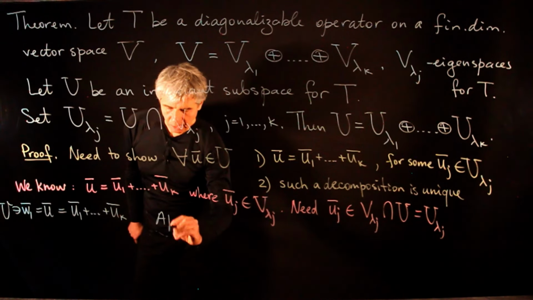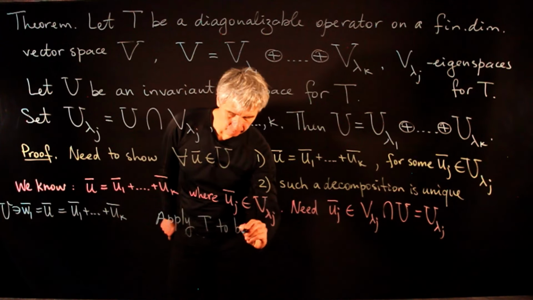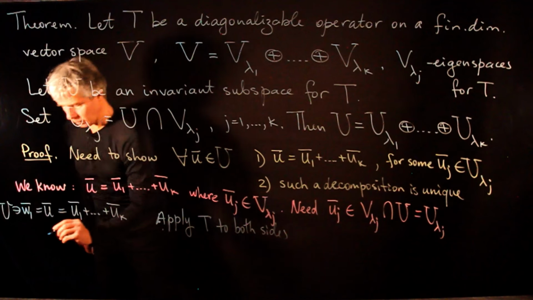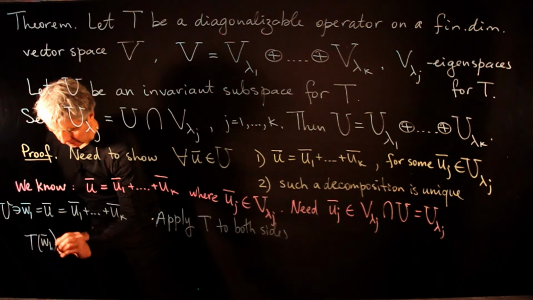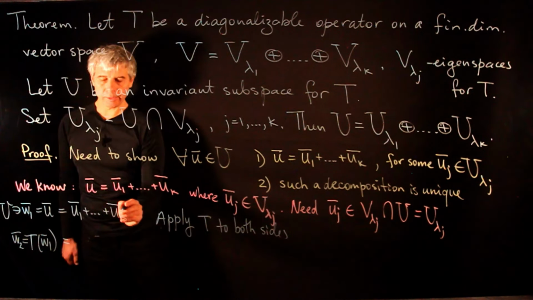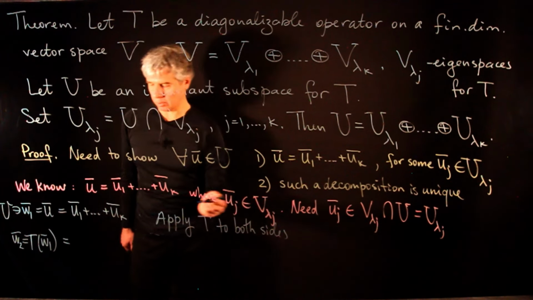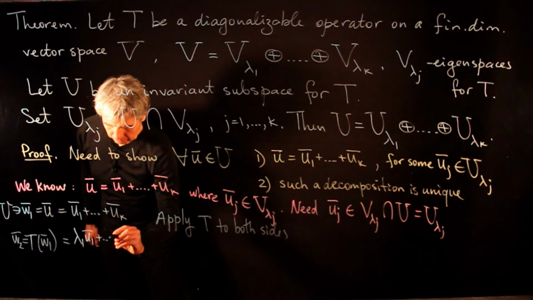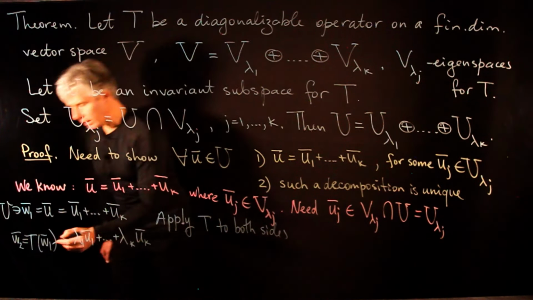Now let us apply operator T to both sides. On the left, we get T of w1, and let's call this w2. And on the right, we have a sum of eigenvectors for our operator T. So the result will be lambda 1 u1 plus ... plus lambda k uk. Now let us do it again.